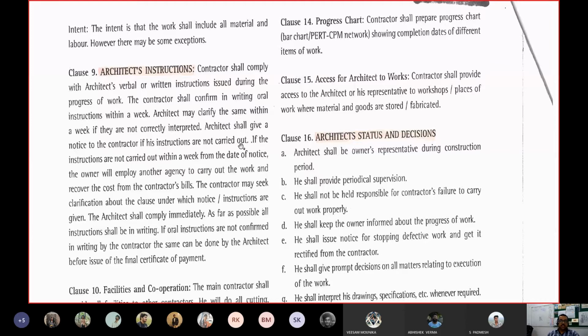Depending on the scale of the project, this 7 days is flexible. But it is the duty of the architect that within 7 days you should remind the contractor about any changes or not.